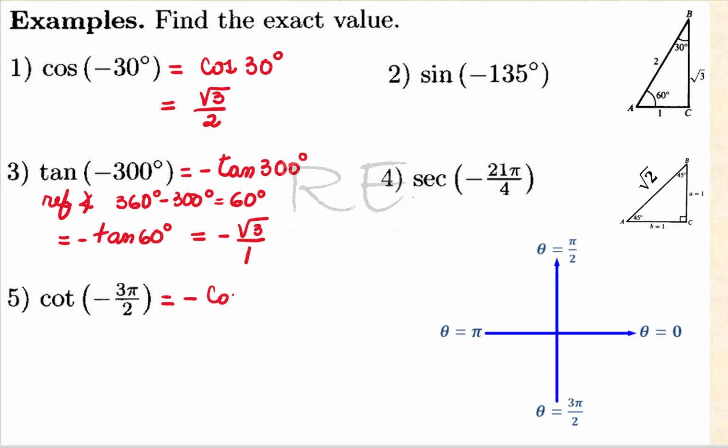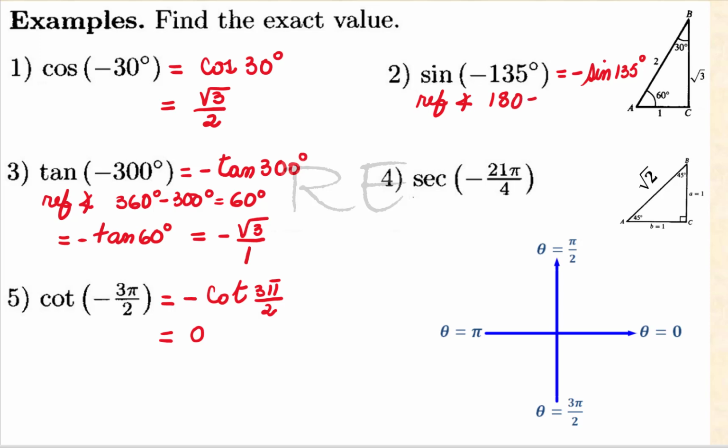Cotangent of negative 3 pi over 2 is equal to negative cotangent 3 pi over 2. 3 pi over 2 is quadrantal. Cosine 3 pi over 2 is 0, and sine is negative 1. 0 over negative 1 is 0. Sine of negative 135 is equal to negative sine 135 degrees.